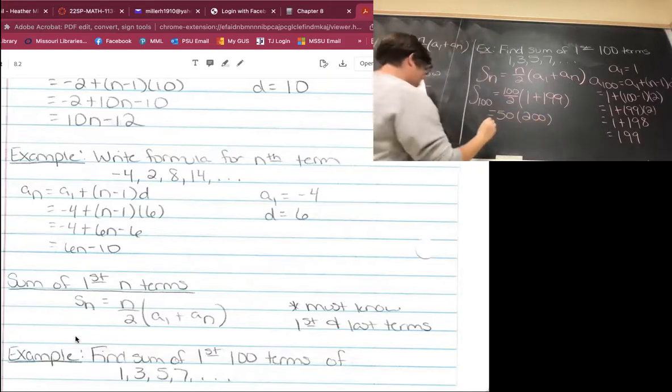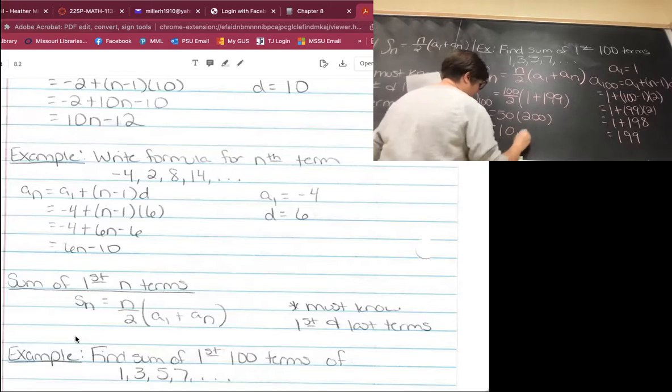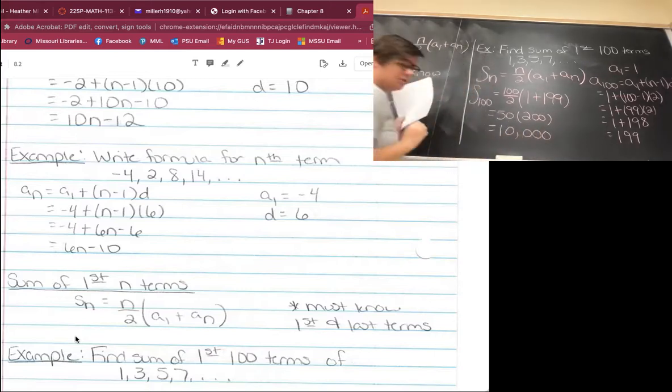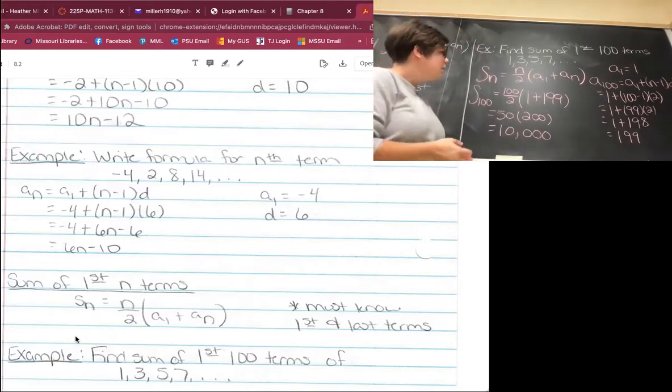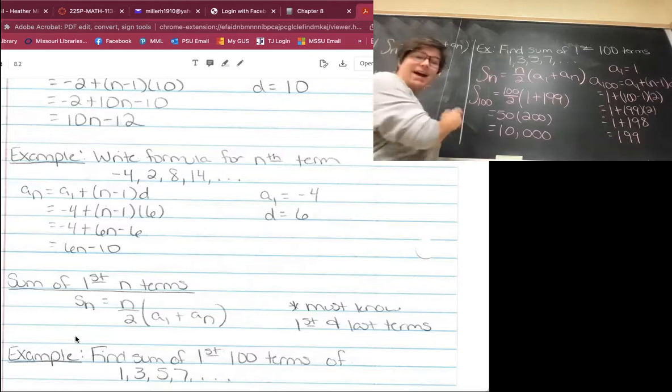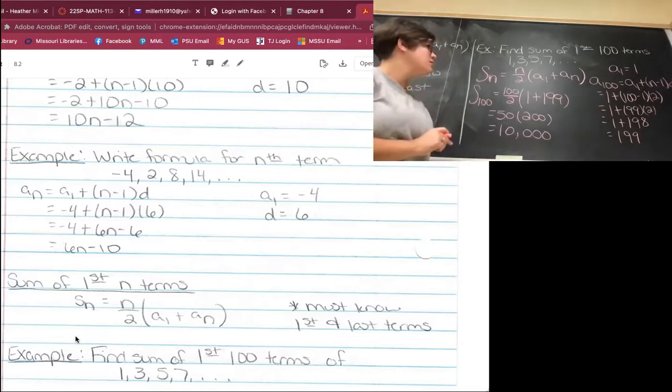So 50 times 200 equals 10,000, which to me is kind of crazy. Because if you think about 100 terms, you wouldn't think that the first 100 odd numbers would really amount to all that much, but it adds up to 10,000.